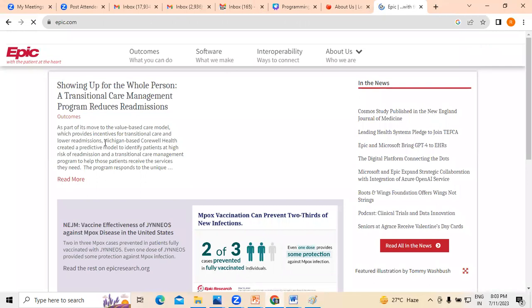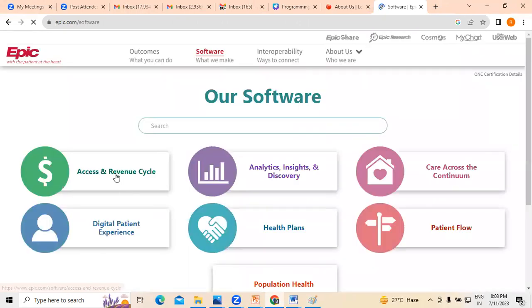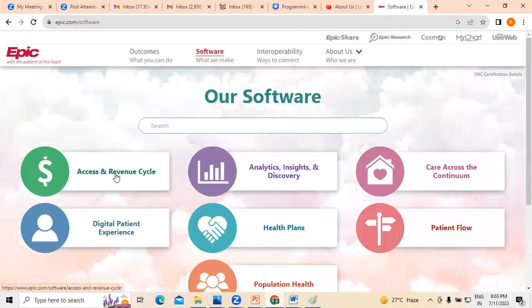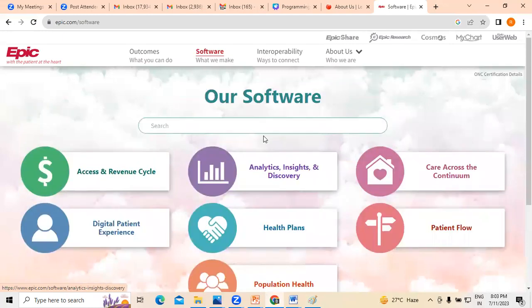Epic is a software application used by hospitals. For what purpose? They want to update health plans, see patient flows, know about analytics as well as patient data, or access revenue cycle information. This Epic software they will be using.